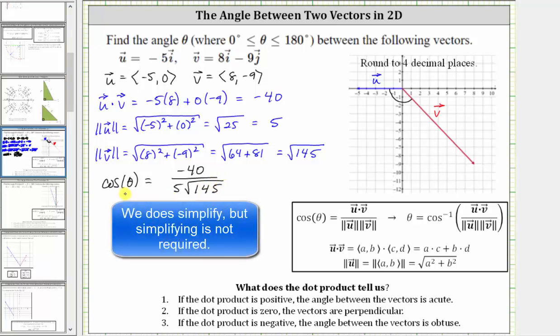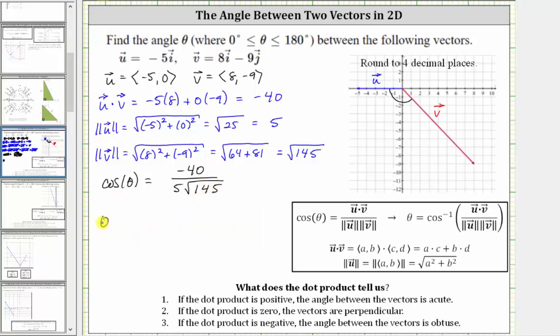And now solving this equation for theta, we take the inverse cosine or arc cosine of both sides of the equation, which gives us theta is equal to inverse cosine of -40 divided by 5 square root 145. And now we'll go to the calculator and find the angle theta in degrees as well as radians. And we are told to round to 4 decimal places.